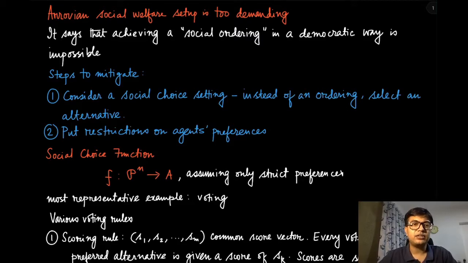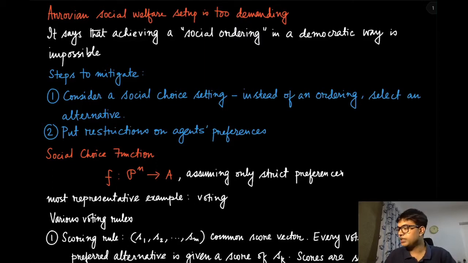And the second way of handling this is we'll see certain restrictions on the agent preferences. So maybe in practice, agents' preferences cannot take all possible orderings over all the alternatives. They have certain restrictions, certain regularities, and if we can use those regularities appropriately, maybe we can get rid of this kind of impossibility results.